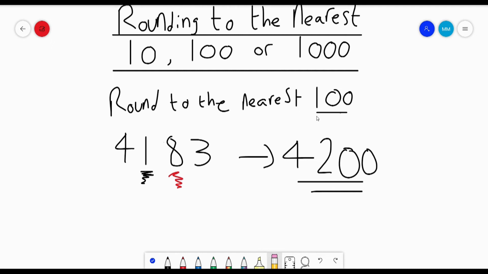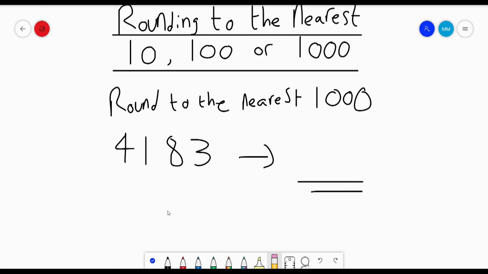Let's go one further. Let's make it 1,000. So, round to the nearest 1,000. Well, which number is in the thousands column? Well, it's the 4. What's the number to the right? It's a 1.